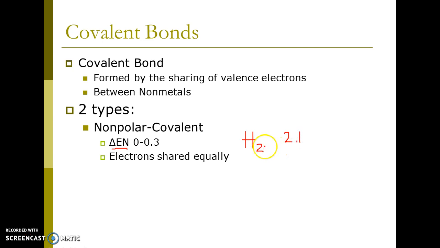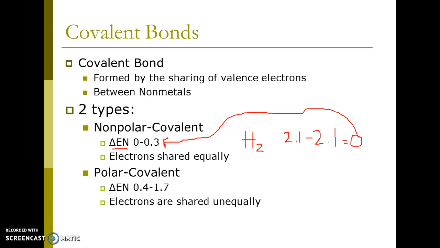Since we have 2 hydrogen atoms, and we're looking for the difference in electronegativity, we're going to do 2.1 minus 2.1, which is in fact 0. Therefore, this is within the range of being a nonpolar covalent bond.